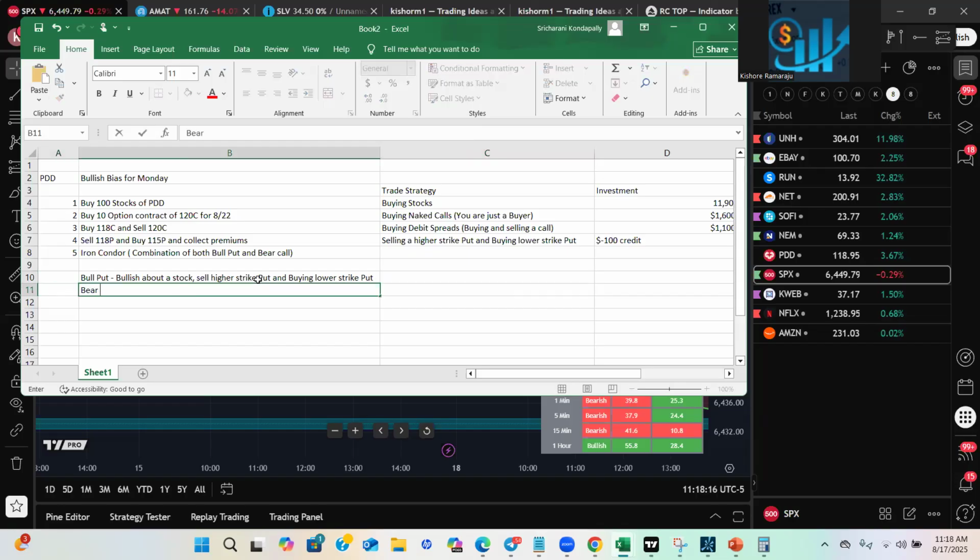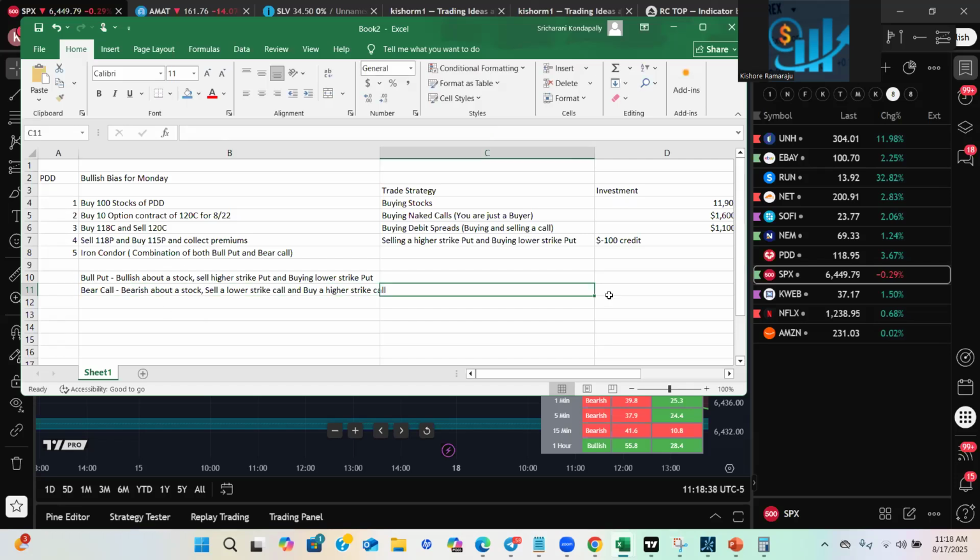Then what is a bear call? Both of these are credit spreads. When you are bearish about a stock, you sell a lower strike call and buy a higher strike call.